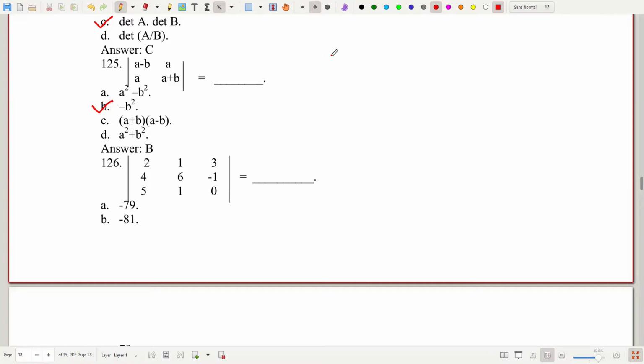If we think about that, that is A minus B into A plus B minus A square, or A square minus B square minus A square, or the result is minus B square.